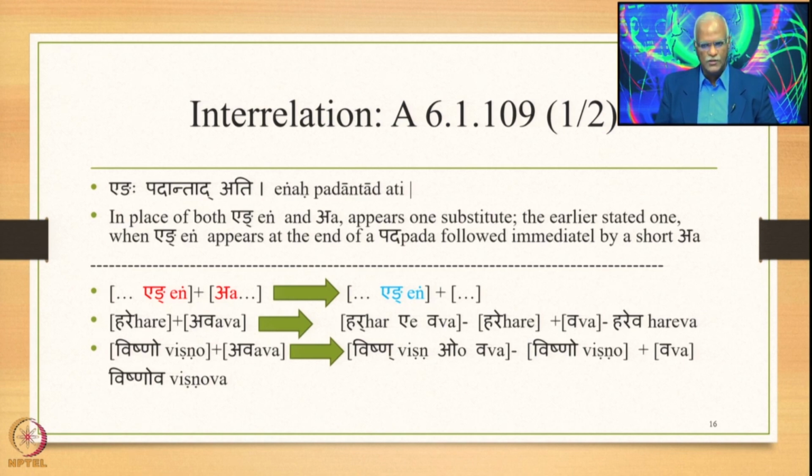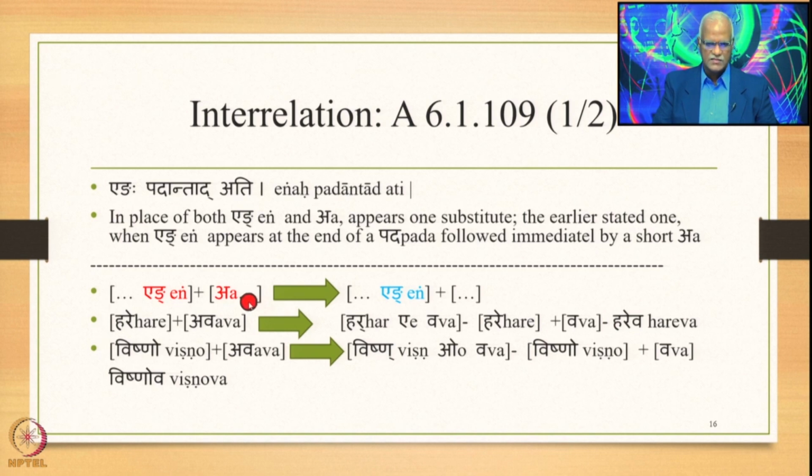Remember, short a. So we have the earlier pada, at the end of which appears ing. Before that there are some sounds, and this pada is followed by the other pada, at the beginning of which is short a, remember, not any other a, followed by some other sounds.